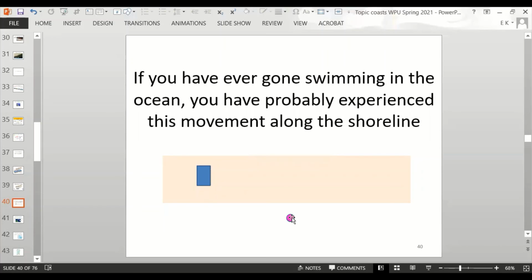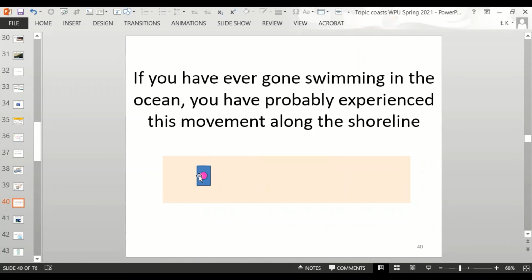I don't realize it yet, but now I want lunch, I'm hungry. So I go out of the water and onto the beach. Hey, where's my blanket? Where's my stuff? And then I look around and I see, oh, it's all the way over here. How did that happen? So then I go back.